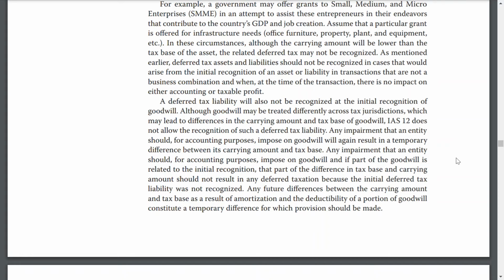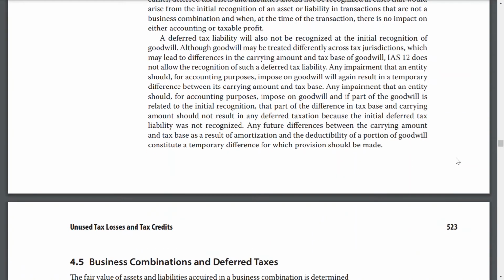Any future differences between the carrying amount and tax base as a result of amortization and the deductibility of portions of goodwill can constitute a temporary difference for which provisions should be made.